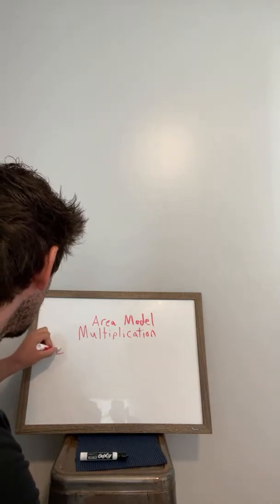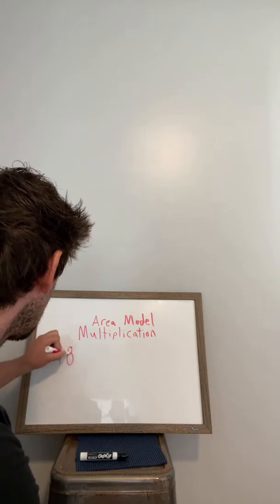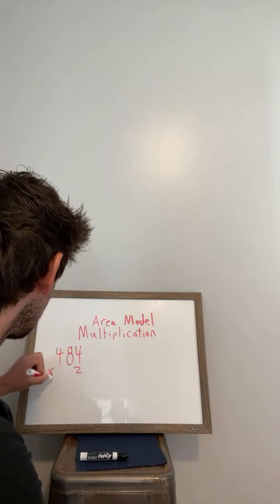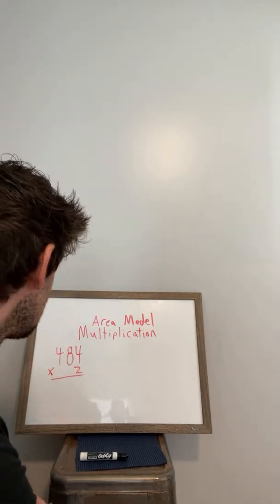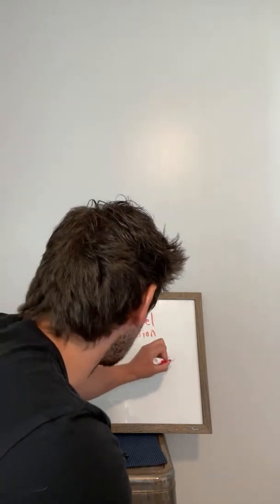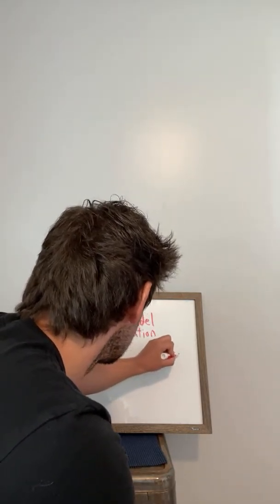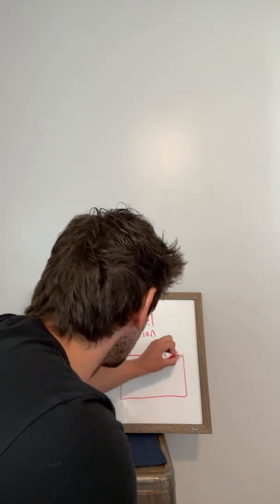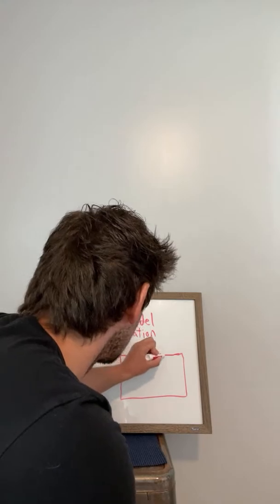So next example, I'm going to do 484 times 2. That would be the example. Since there's 3 numbers, we got to make boxes. We need to make a box for the 1s, 10s, and 100s place. Remember expanded notation, place value? Everything builds in math.